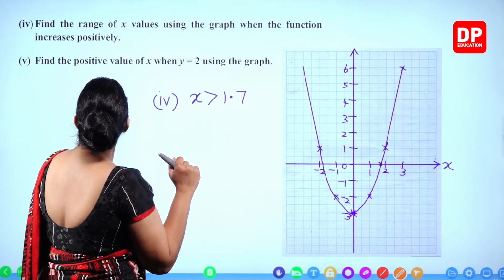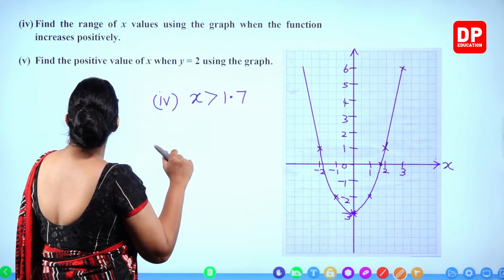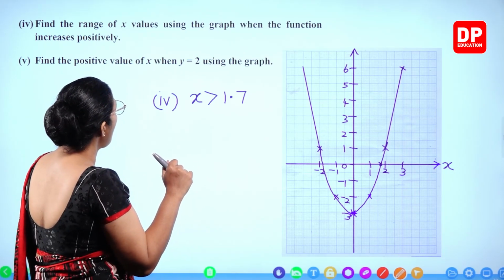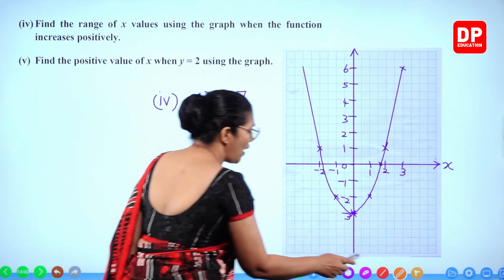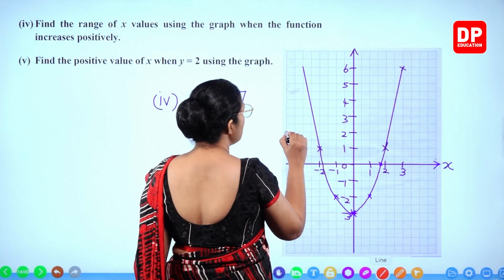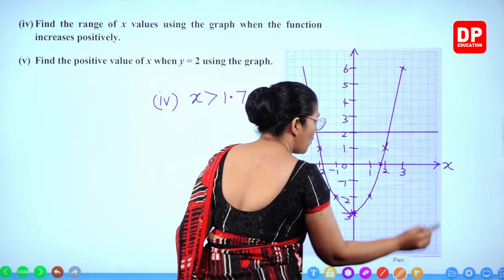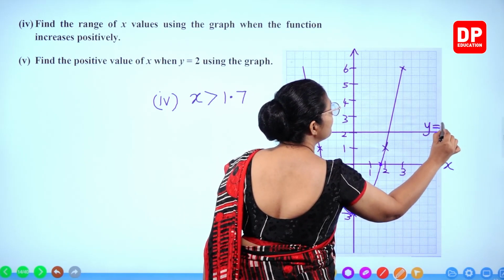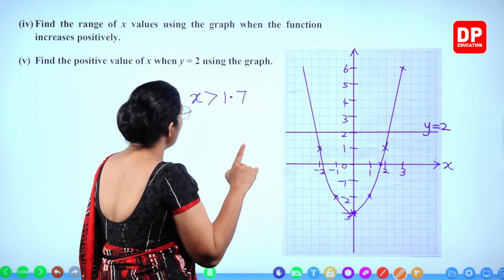And then, find the positive value of x when y equals 2 using the graph. Y equals 2. So you have to draw the y equals 2 line first. So y equals 2 is the horizontal line that passes through y equals 2. Now they're asking to find the positive value of x.